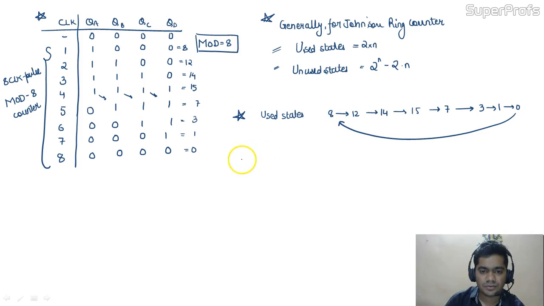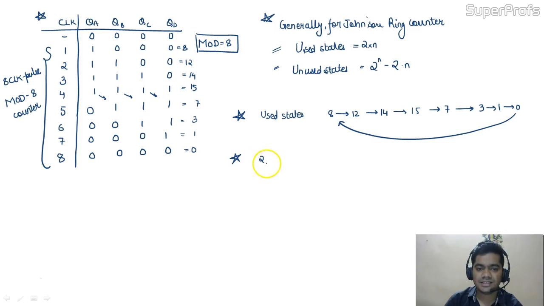Okay, so suppose any error comes in these states, that is some unused state comes in. Suppose we have 2 as an unused state, it means that error comes at 2.